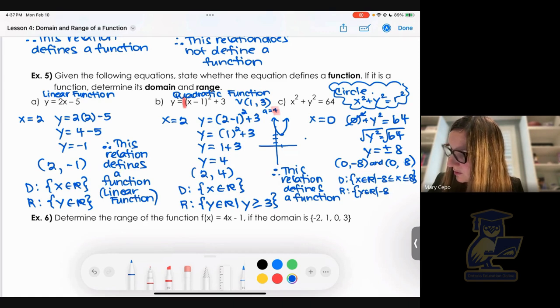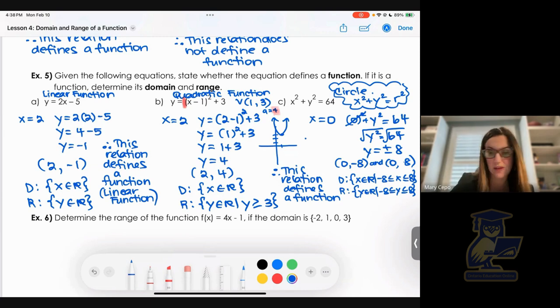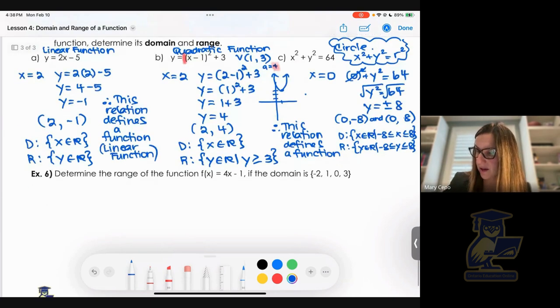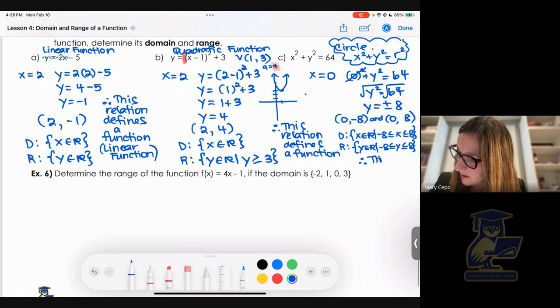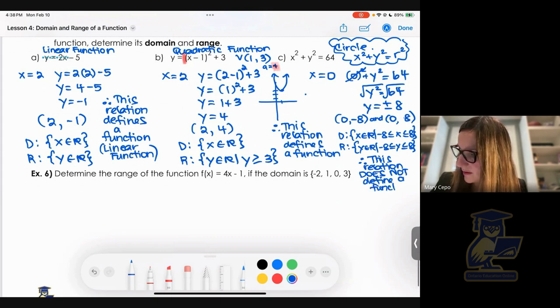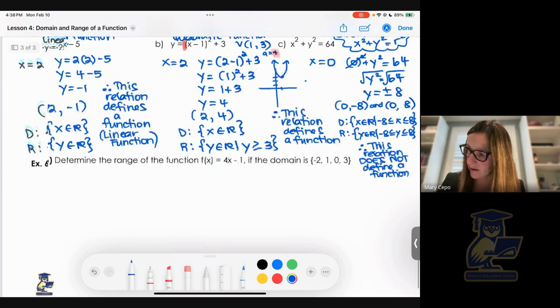However, it has to be greater than negative 8, but less than positive 8. Other than that, it can be any value. So therefore, we can say this relation does not define a function.